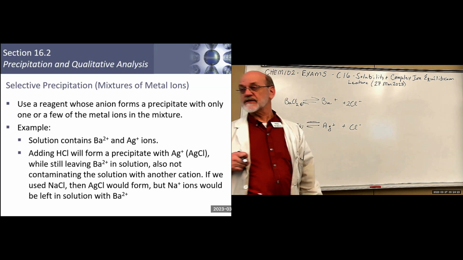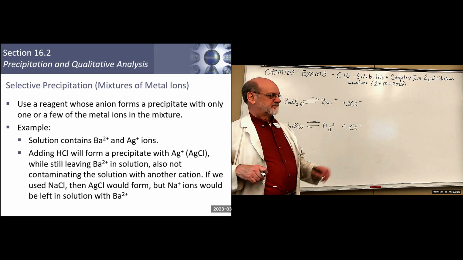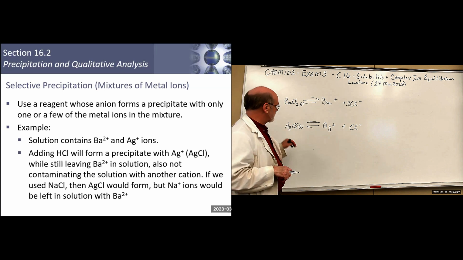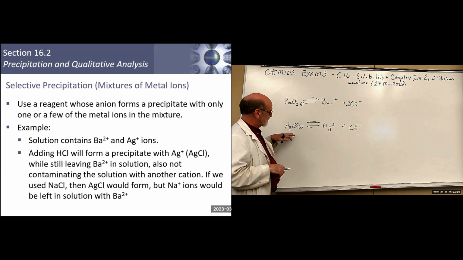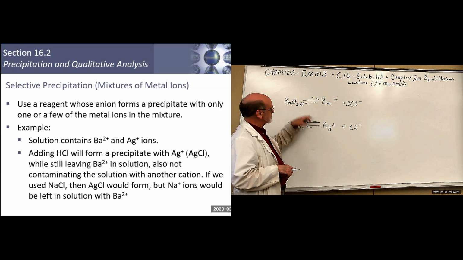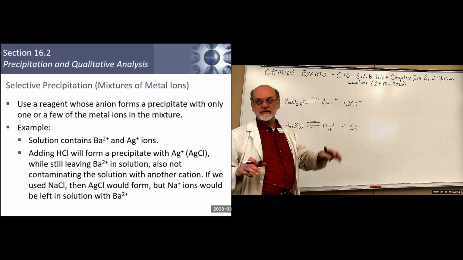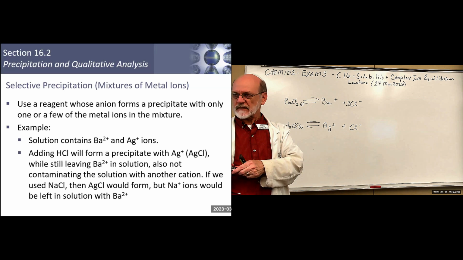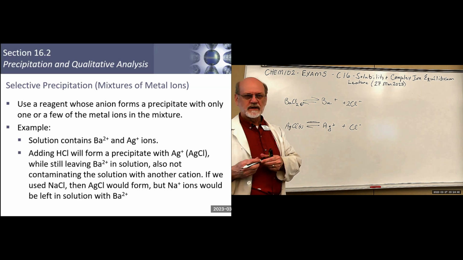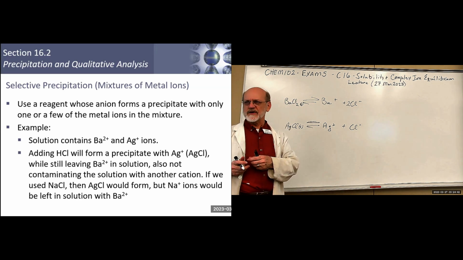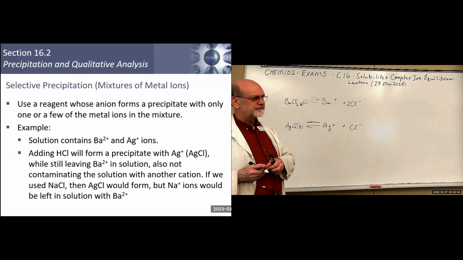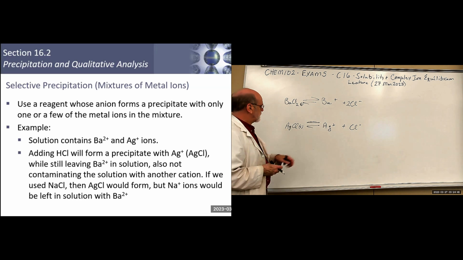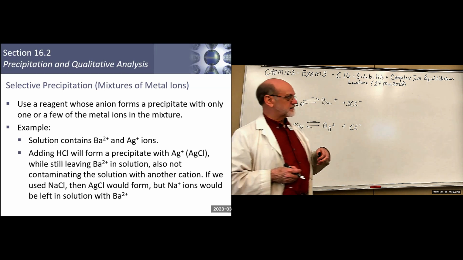So this is selective precipitation. If we only have these 2, then we add chloride, and this one drops out of solution, and this one stays in solution because barium chloride is soluble. Most of the chlorides are soluble, except for, I think on that list we had 3 of them that were not soluble. And silver was one of them. So that would selectively precipitate.